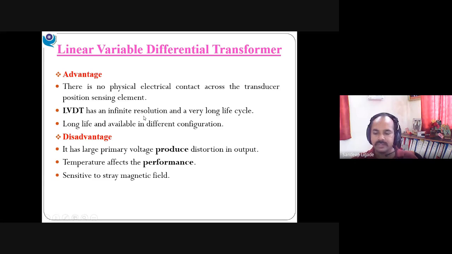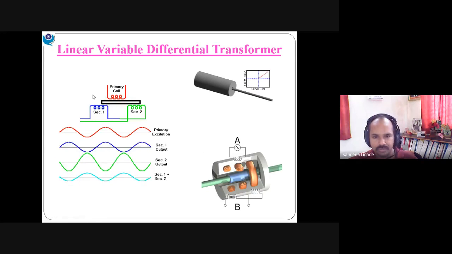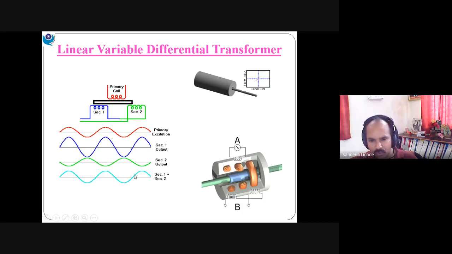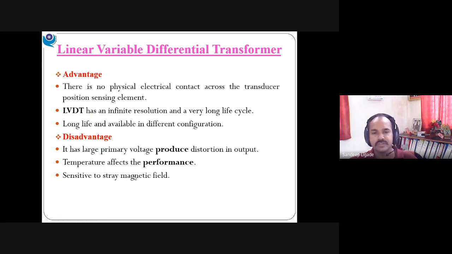When we move this core to the left hand side or right hand side, for a minute change in the core position there is a change in the output voltage, which means it has infinite resolution. So obviously it has a long life and is available in different configurations, right?